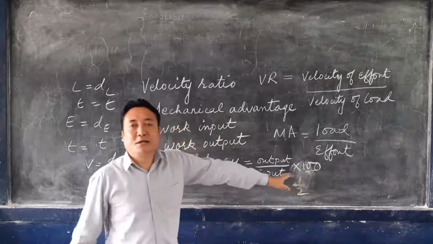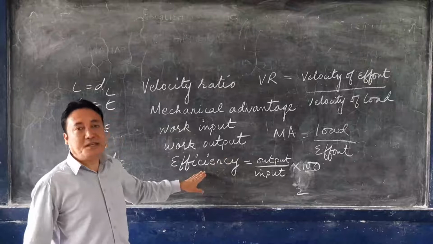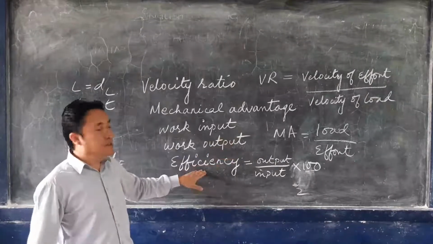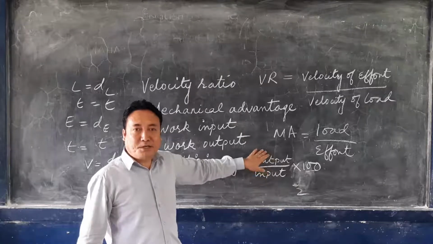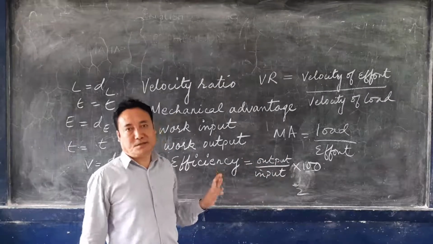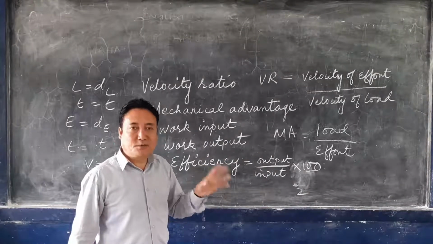In order to calculate in percentage, you have to multiply by 100. So when we define efficiency simply, you can write: the ratio of the work done by the machine to the work done on the machine is known as the efficiency.